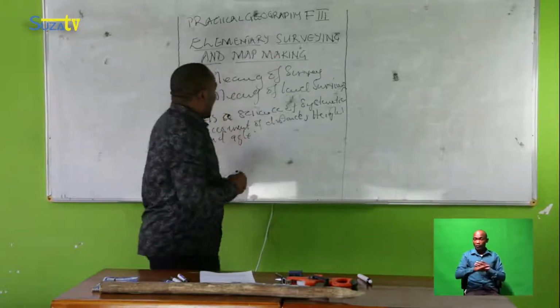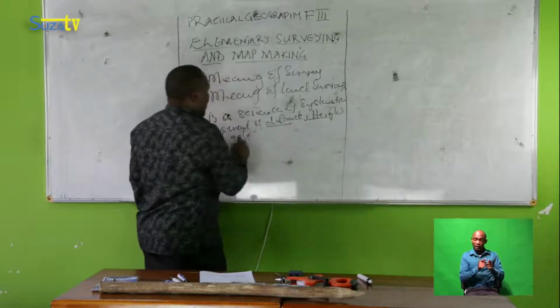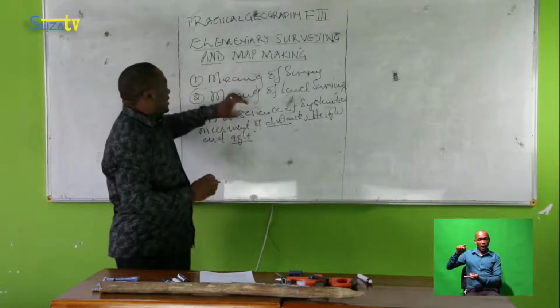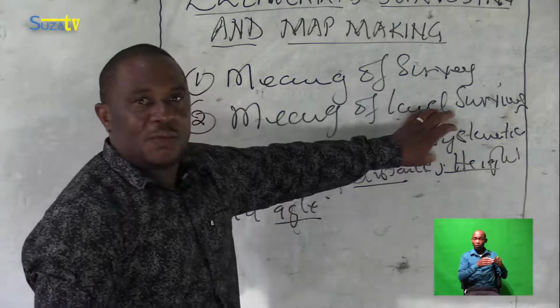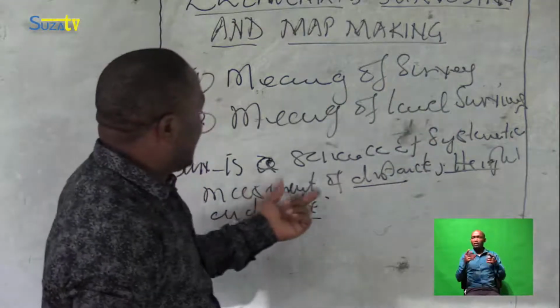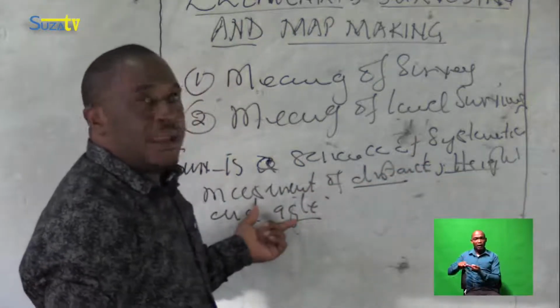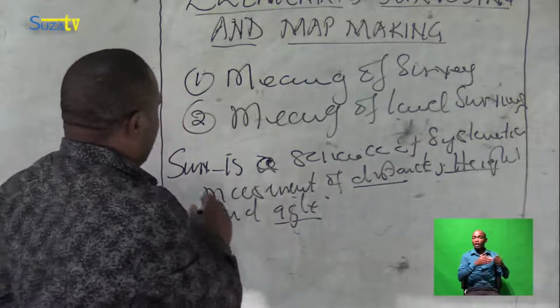So there we have 3 words here: the distance, height, and angle. It needs to be systematic, which means we can use different steps in order to measure this distance, and to measure height, and to measure angle. So this is a survey.